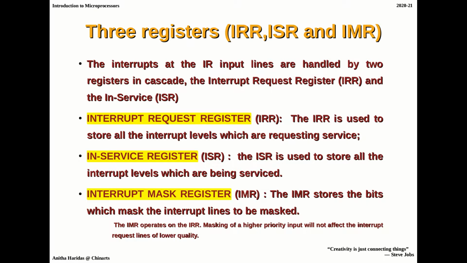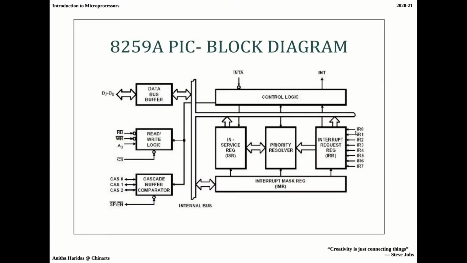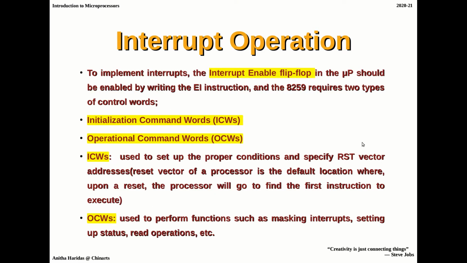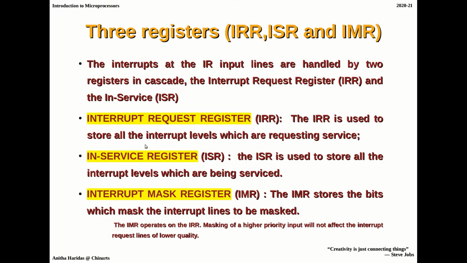The interrupt request register is used to store all the interrupt levels which are requesting the service. Because it is all connected to the interrupt request line, right? Each interrupt request line is coming from each device. So 8 different devices' interrupt request lines are connected to the interrupt request register, and it will be storing the interrupt level, whether interrupt is requested or not.